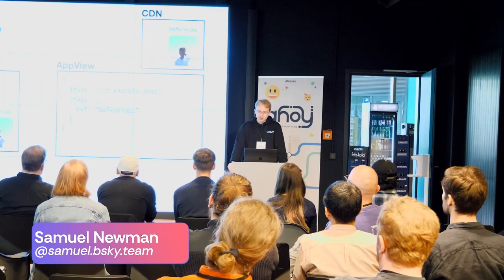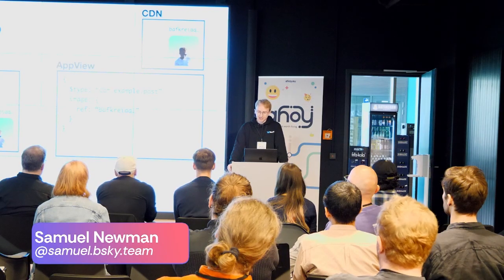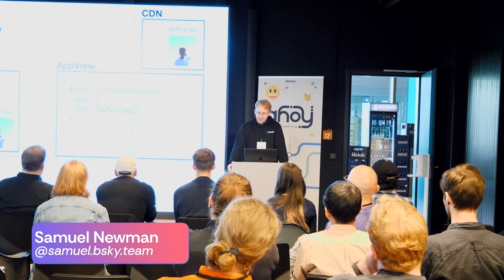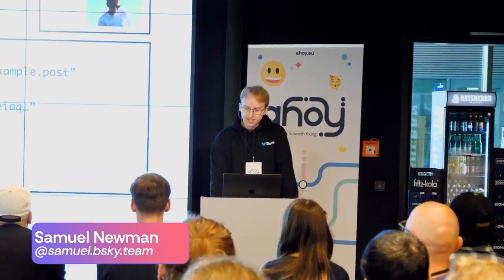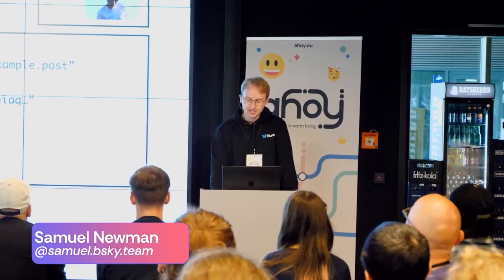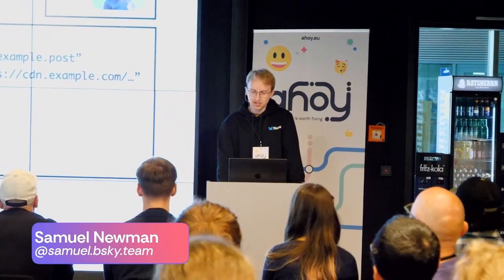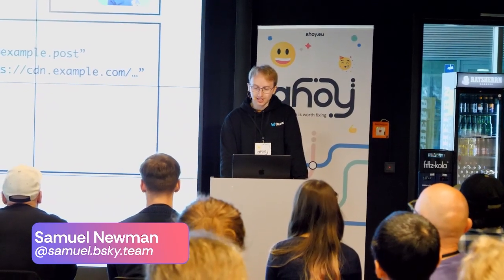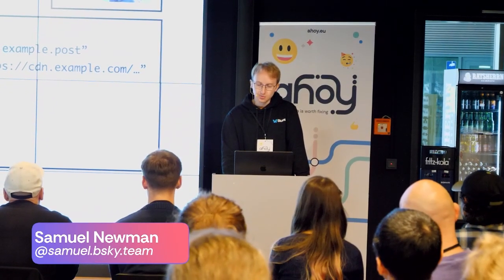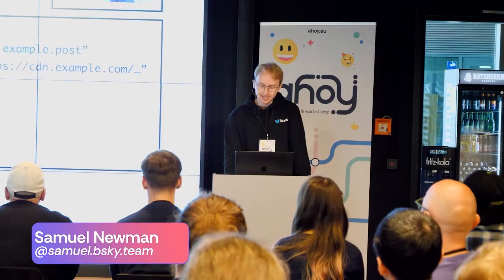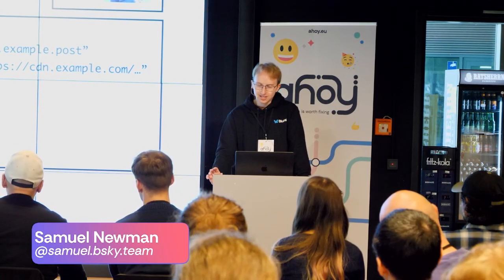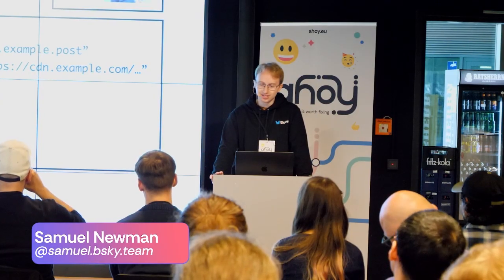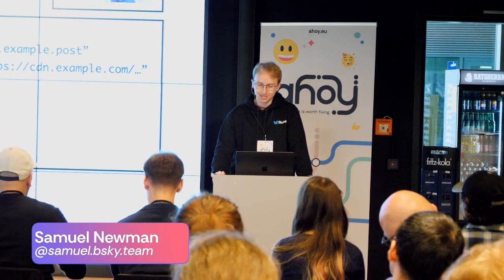So if you upload iPhone photography, it's not going to take 10 minutes to load your feed. It's going to be pretty snappy. Once it's in the CDN, we can replace the ref with the CDN URL, and that is what the app view then gives to the client. It's a cache, and it doesn't serve the raw content from the PDS. It serves a nice view that a client can actually consume and display to the user.